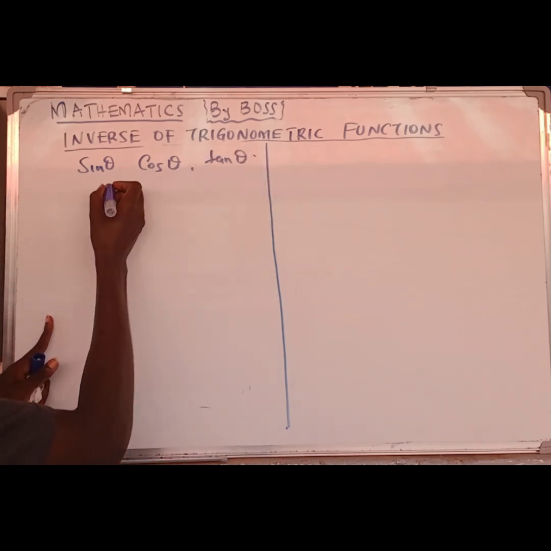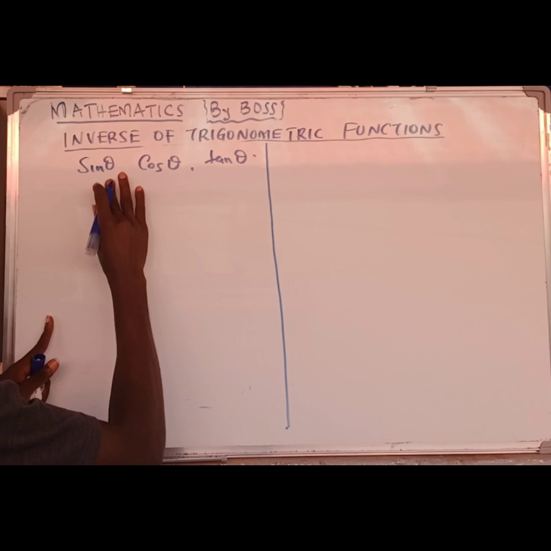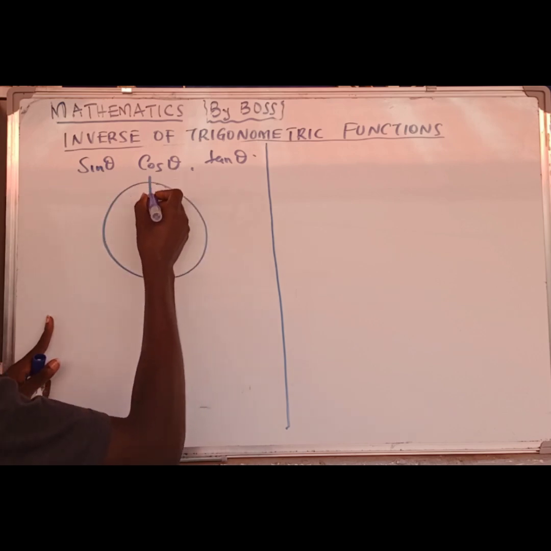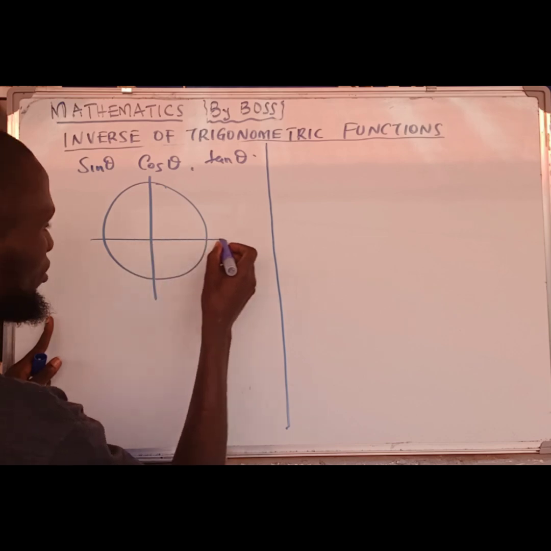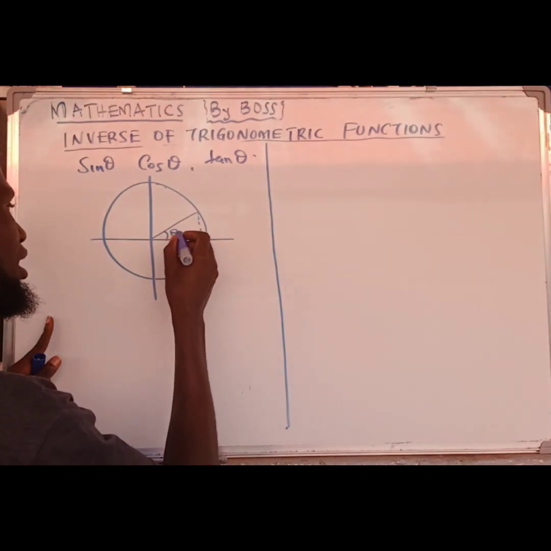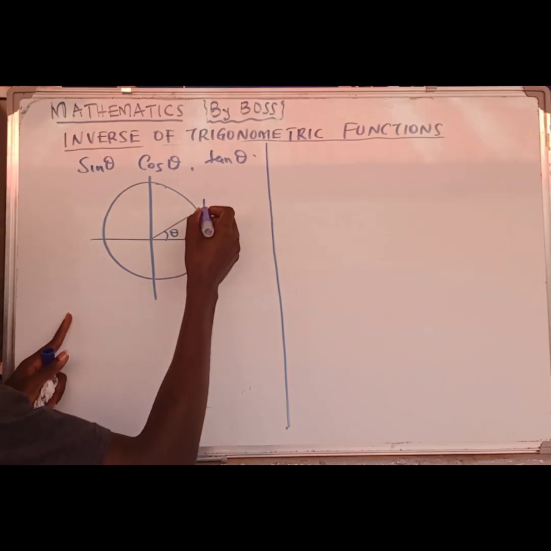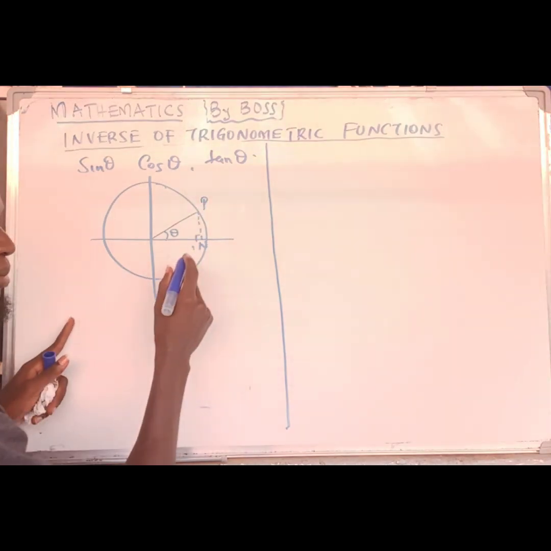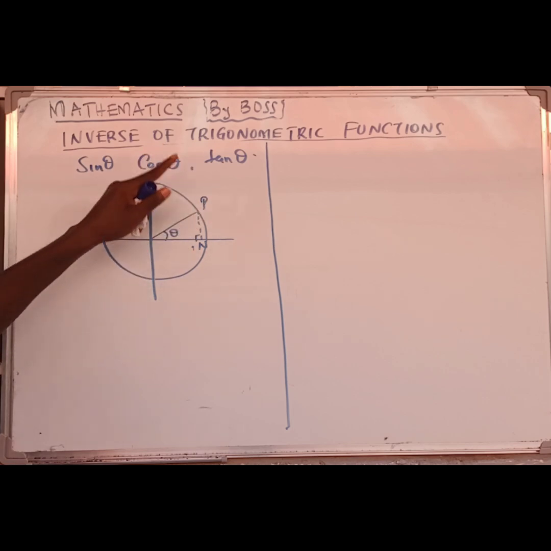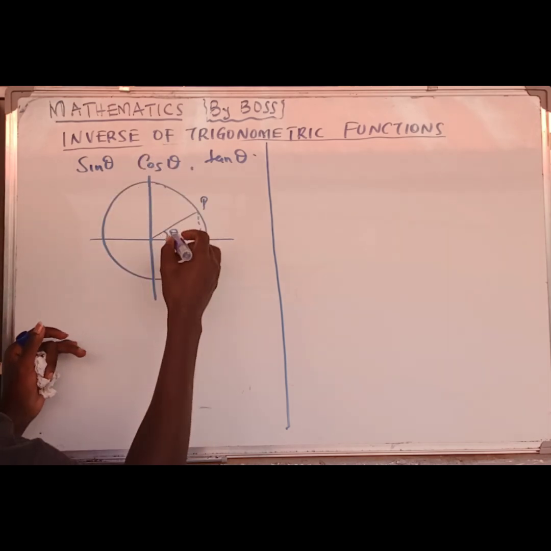I know from the right angle triangle, from the unit circle, given angle theta, point P here, and we can have point N here, we can easily identify any of our identities.